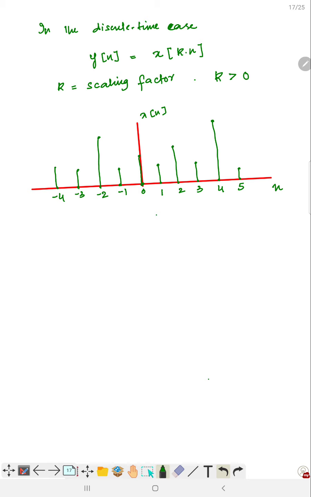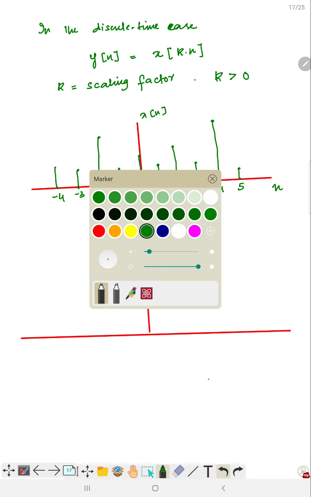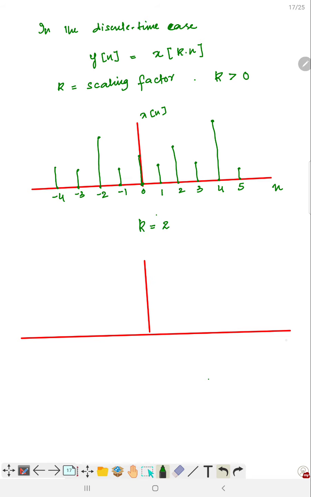Now let's suppose I take a typical value of k, say k has a value of 2, and I am trying to plot y of n, which is x of 2 times n.